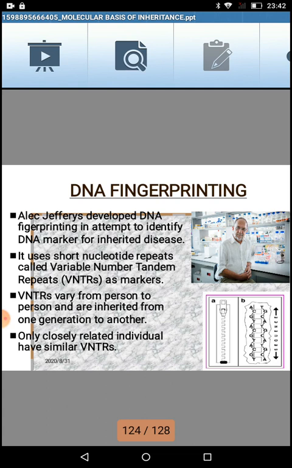The same kinds of sequences will be present again and again in different chromosomes. And these repeated sequences we call VNTRs, that is variable number tandem repeats, and this is what is used in DNA fingerprinting.